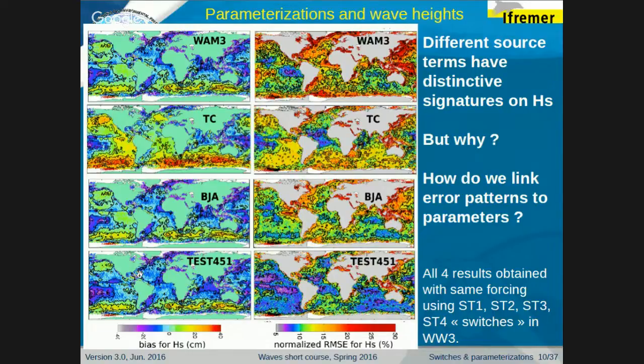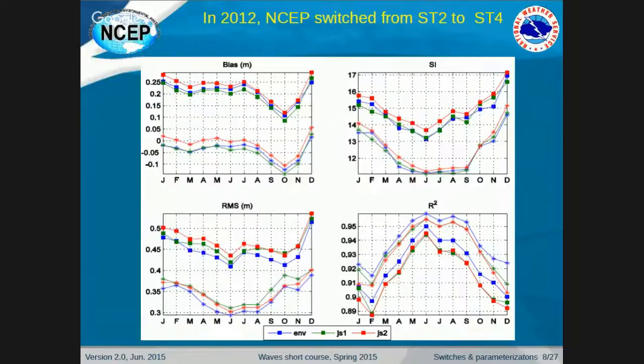So this one is a bias, and this one is normalized. It changes a little bit, yes. And actually, that was a little bit included in this kind of plot, the bias changing with the season, but that's a global one.